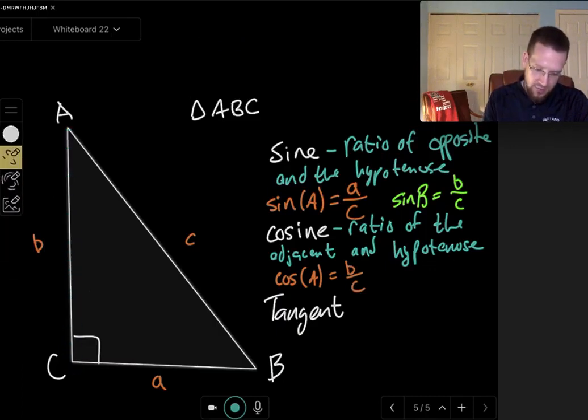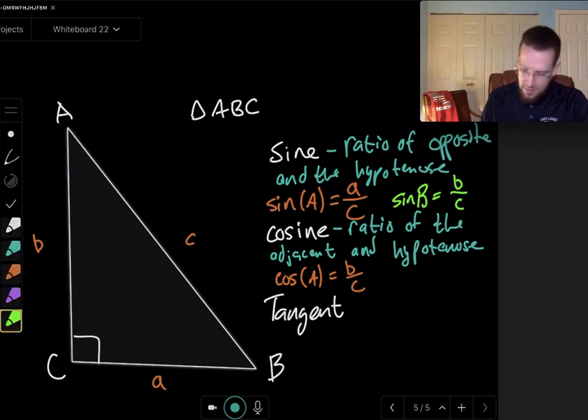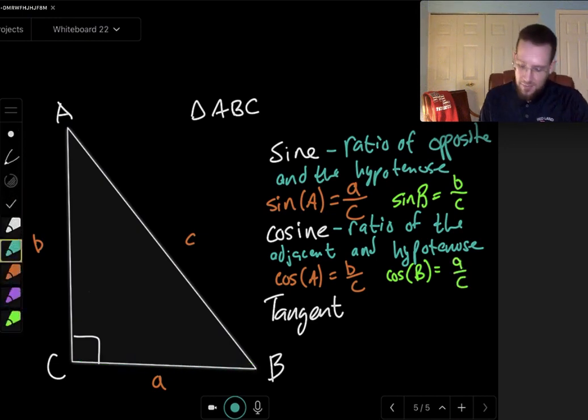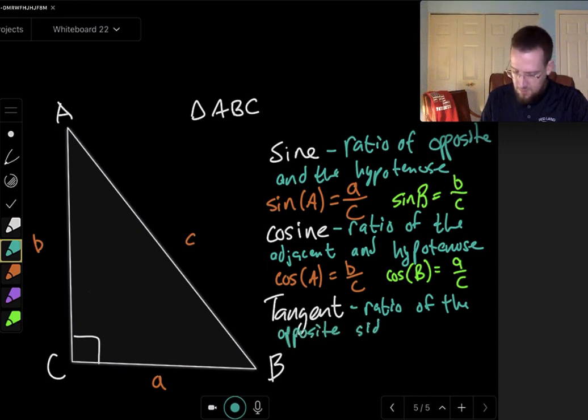Now let's say we wanted to find the cosine of angle B. The adjacent side would be right beside it here, so that would be little a, and the hypotenuse again would be C. Hypotenuse never changes. Now let's look at the tangent. The tangent is the ratio of the opposite side over the adjacent side.